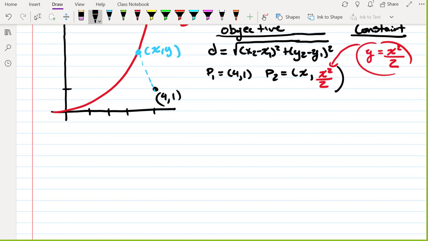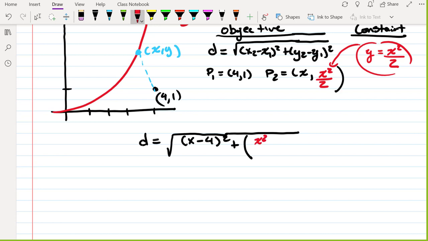So if we substitute that into our objective function, the distance d is equal to the square root of (x minus 4) squared, plus (x squared over 2, take away 1) quantity squared. And this gives us our function that we need to find the minimum of.